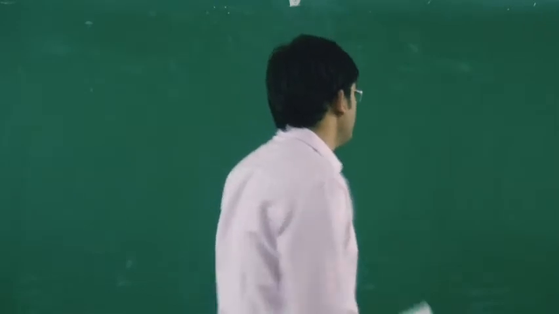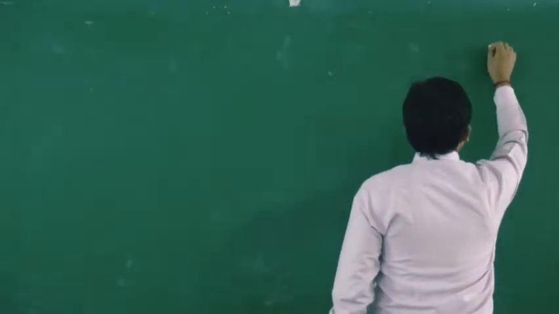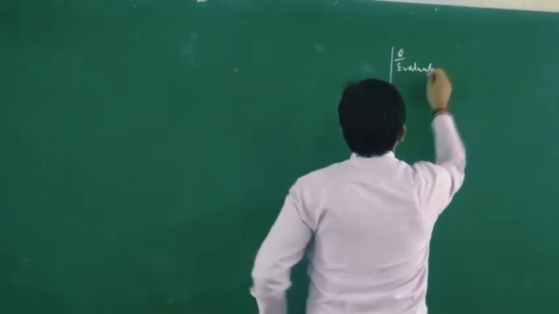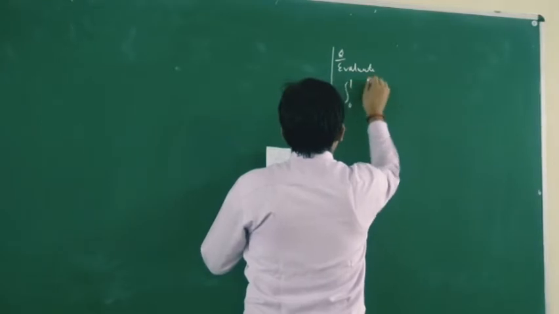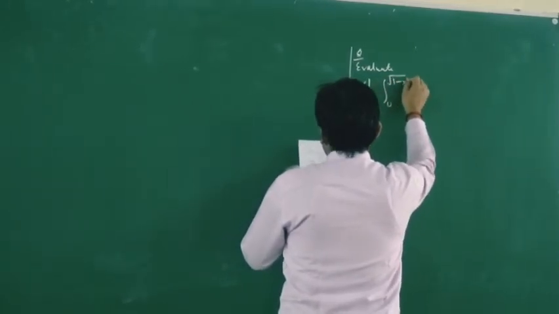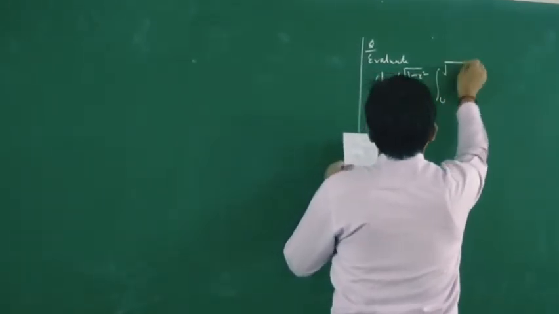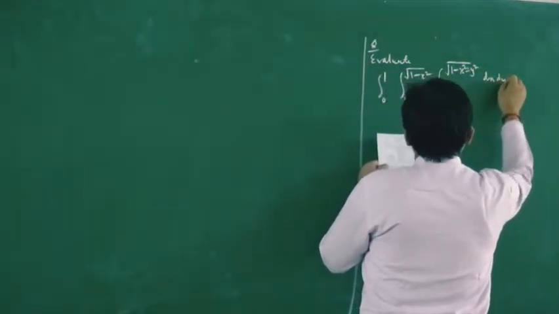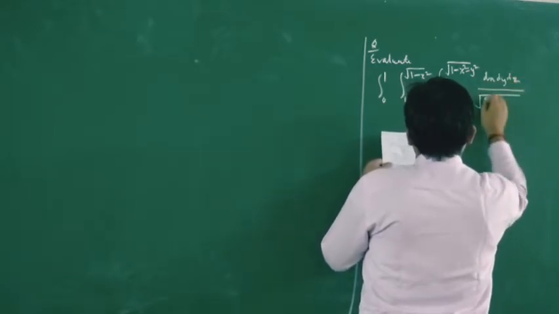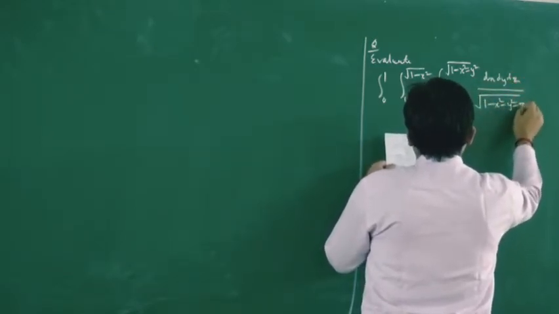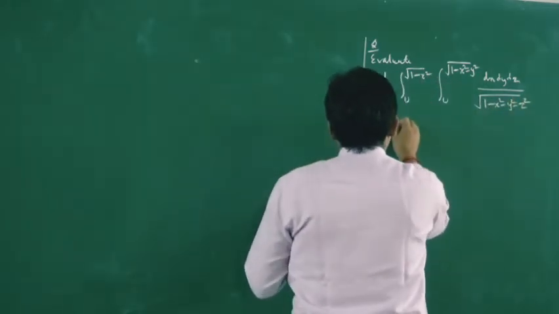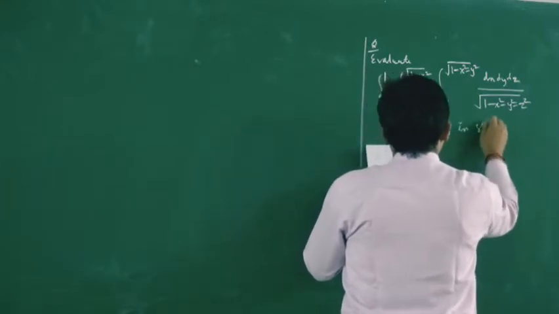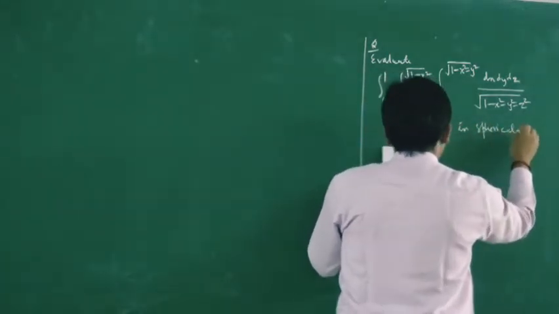To evaluate the triple integral, here we have to evaluate the triple integral from 0 to 1, 0 to square root of 1 minus x square, 0 to square root of 1 minus x square minus y square, dx dy dz upon square root of 1 minus x square minus y square minus z square, by changing into spherical coordinates.